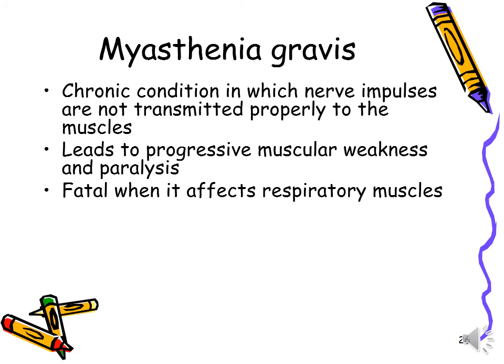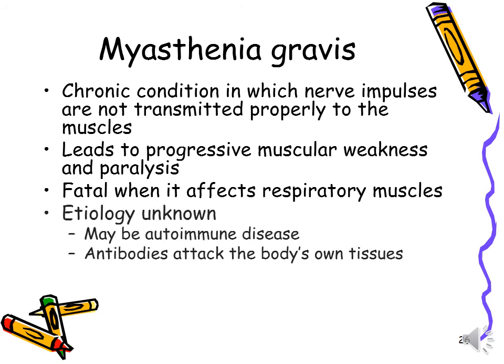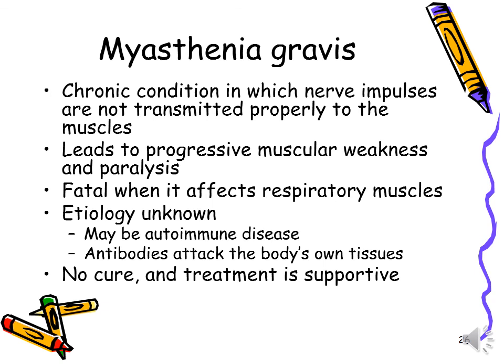If the muscles are not receiving that impulse, then they are not going to do what they should be doing as far as contractibility, extensibility, etc. Now, if the respiratory muscles become involved without mechanical respirations, people will die. We don't know what causes it, maybe autoimmune, and again, treatment is just supportive.